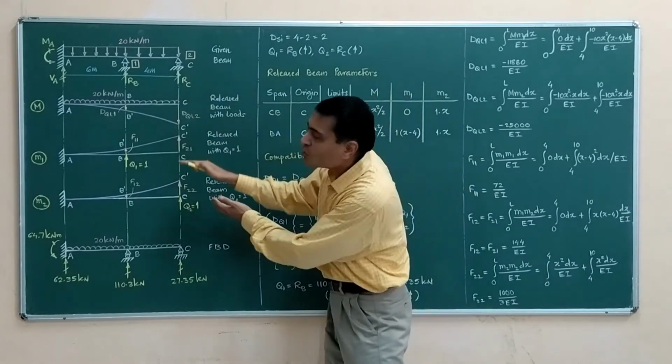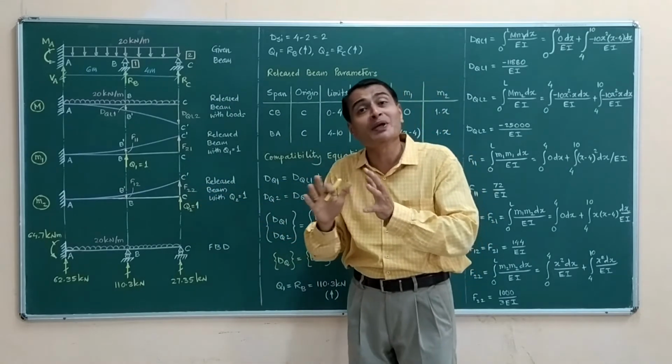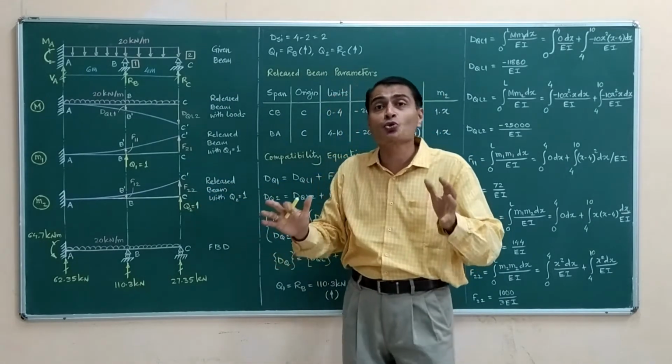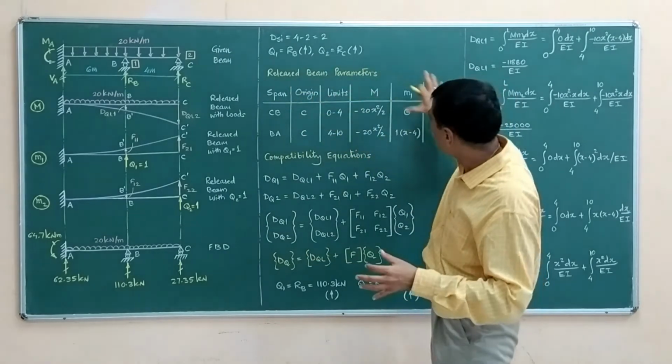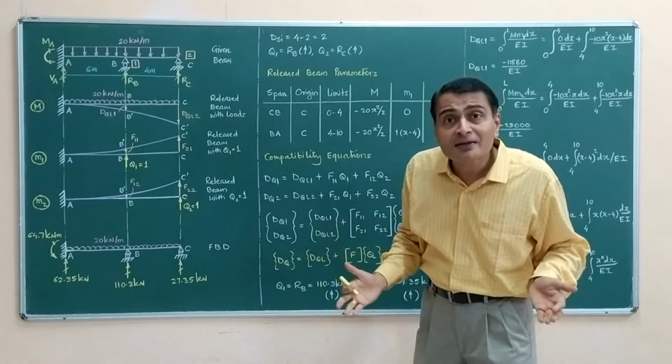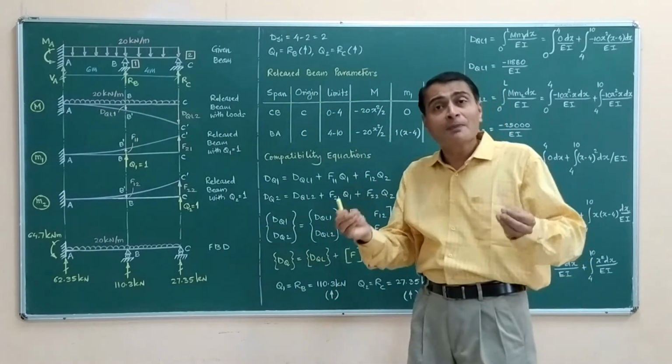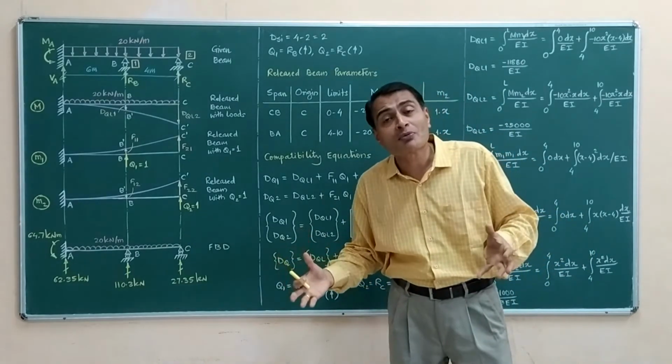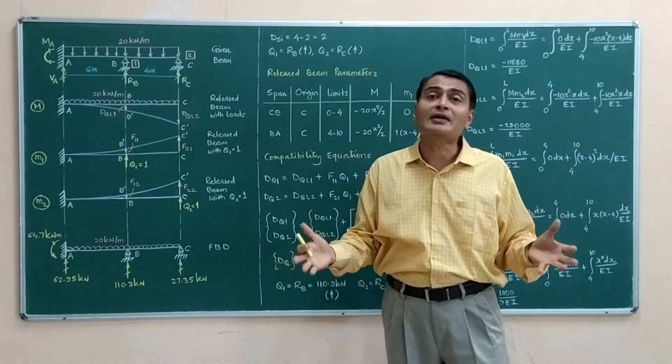Once this superposition is understood, or once this splitting, this resolution is understood, now we are in a position to just calculate: get the parameters, substitute in our compatibility equation and get the answer.